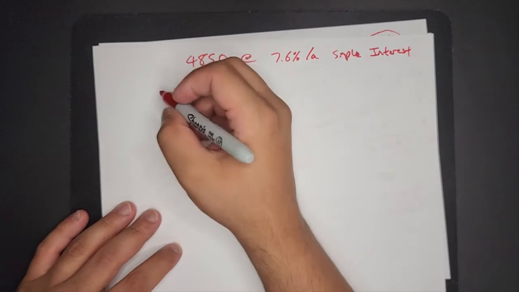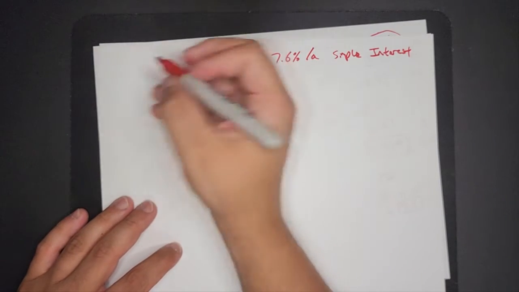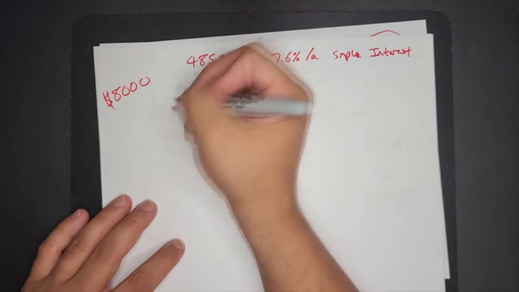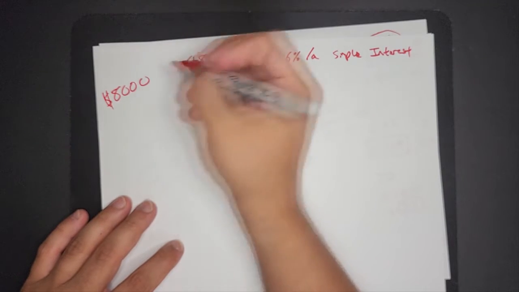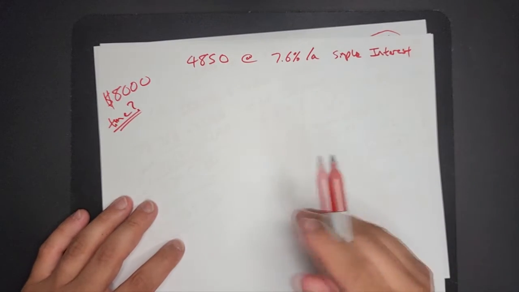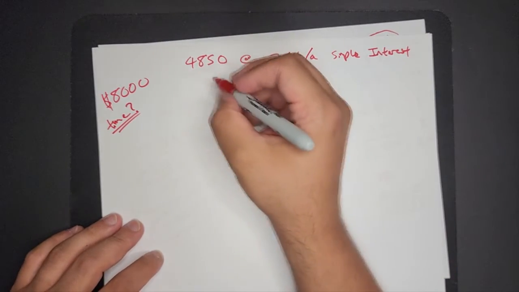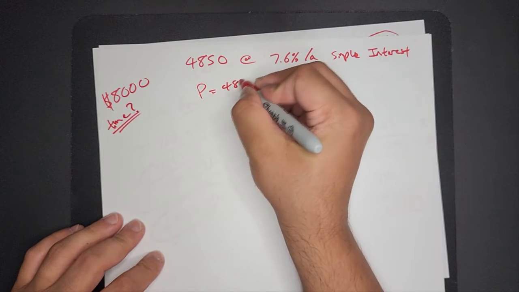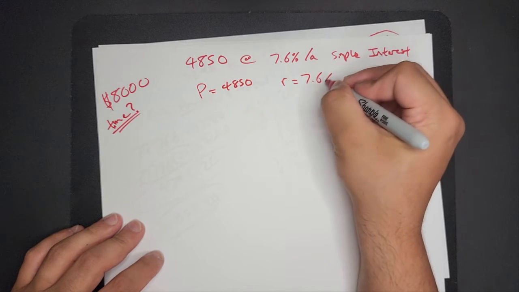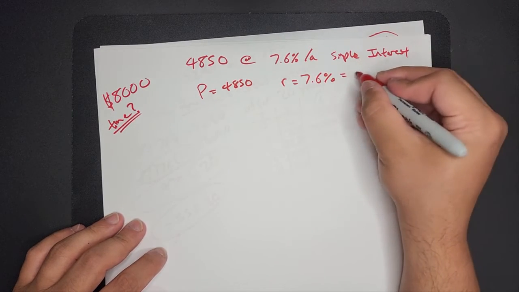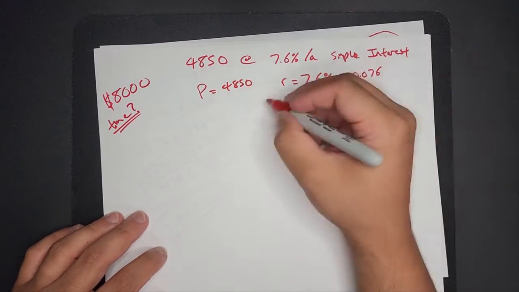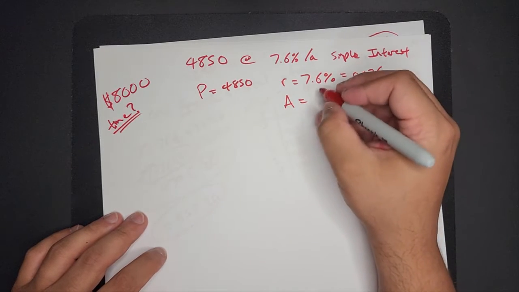Now, let's say she wants her money to grow to 8,000. How long does she have? Our interest rate, 7.6%, or actually 0.076. We have our amount that we want to calculate.